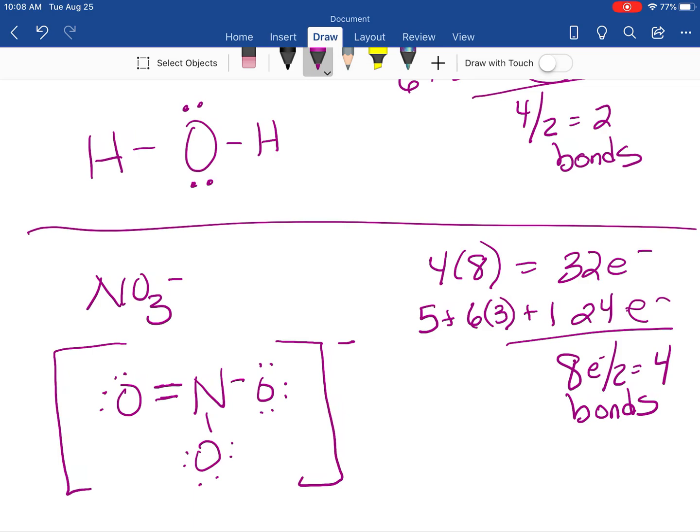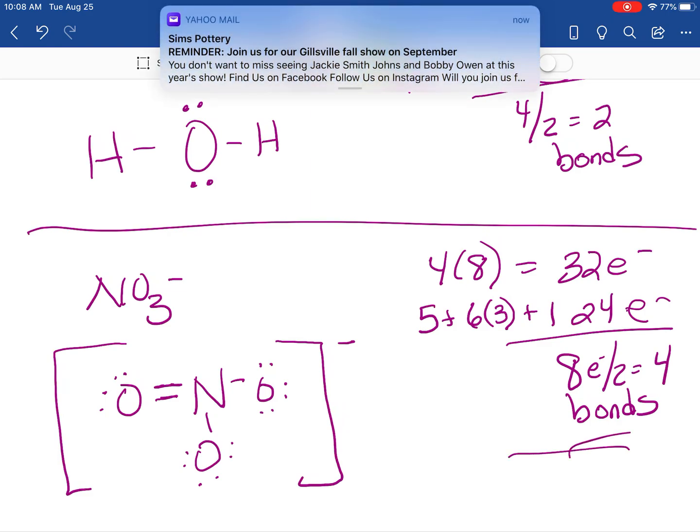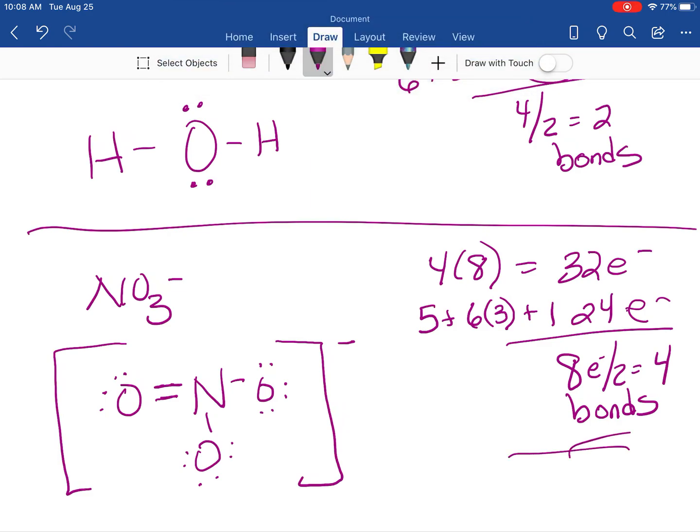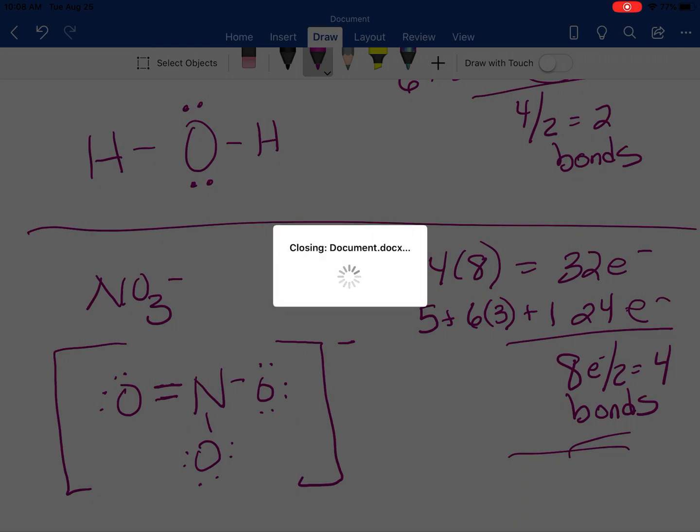So I have 2, 4, 6, 8, 10, 12, 14, 16, 18, 20, 22, 24. I am in great shape, okay? So that is my electron structure for NO3 minus.